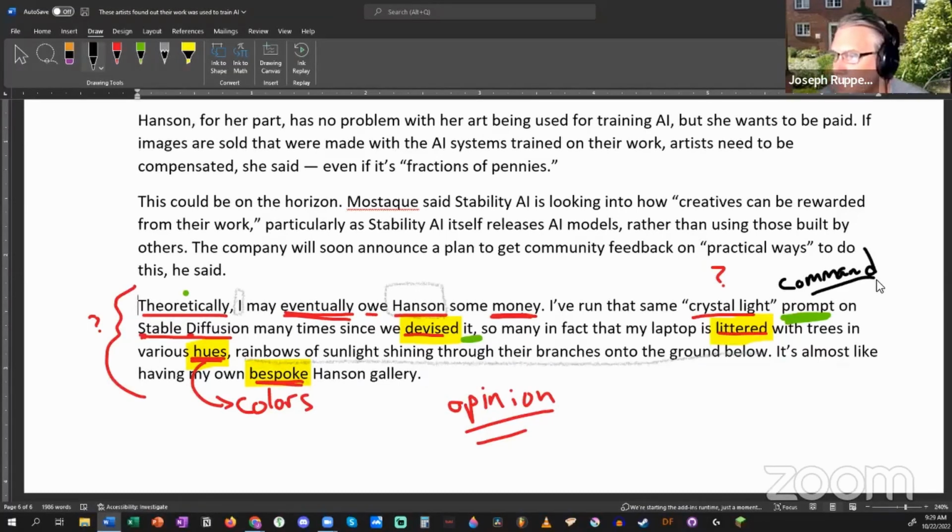So the prompt here is that command, really creating. Since we created it, since we invented it, since we created that prompt. Okay, great. So that's devise as opposed to device.